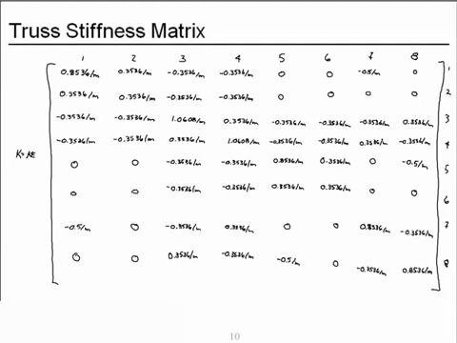Now step 3. Let's check symmetry. Usually, the structure stiffness matrix is not the end of the problem, but is actually an important ingredient in the analysis process.